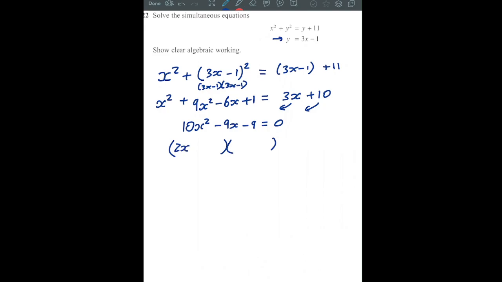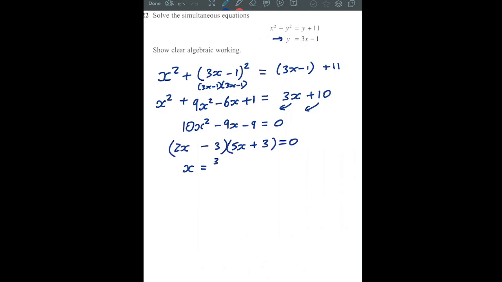If we have a 2x and 3, that'll make a 6. And if we have a 5x and a 3, that's a 15, minus 15. And plus 6 will make the minus 9 that I want. I suggest you use quadratic formula. A lot safer, a lot quicker if you haven't got the experience of solving these by factorizing.